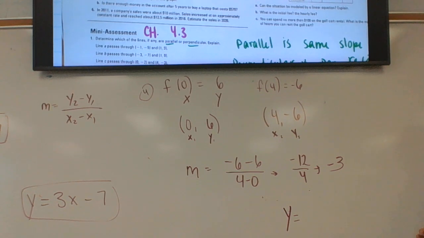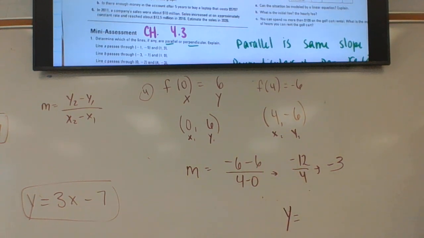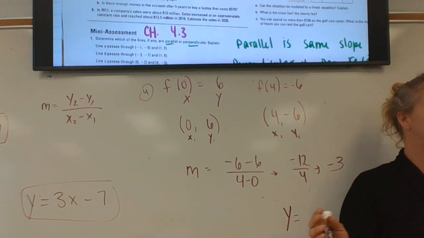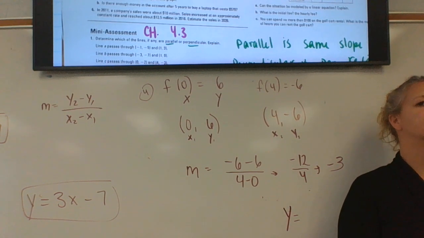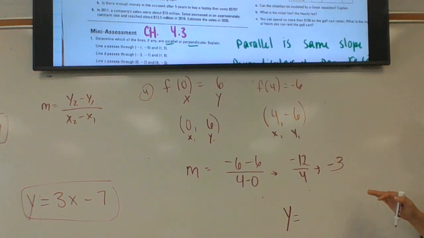Now listen. Negative 6 minus 6. Go ahead and subtract it. What's 4 minus 0? What's negative 12 over 4? Negative 3. Yeah. So your slope is negative 3.